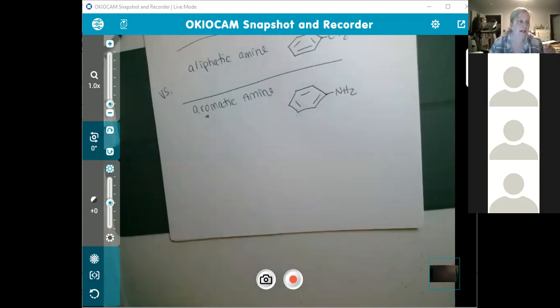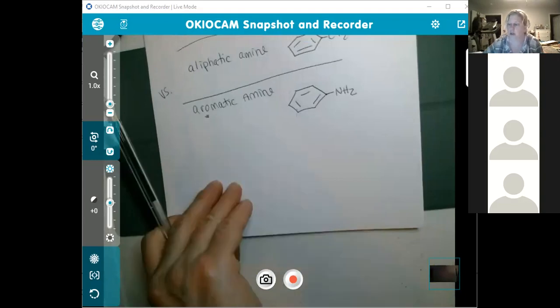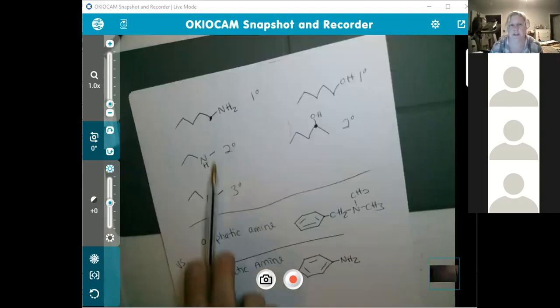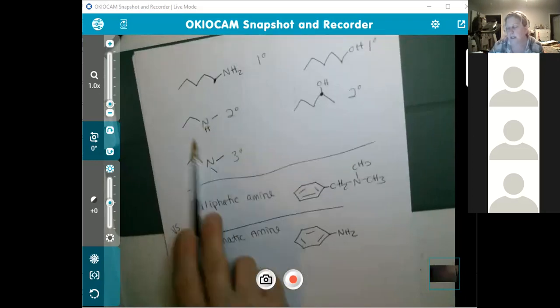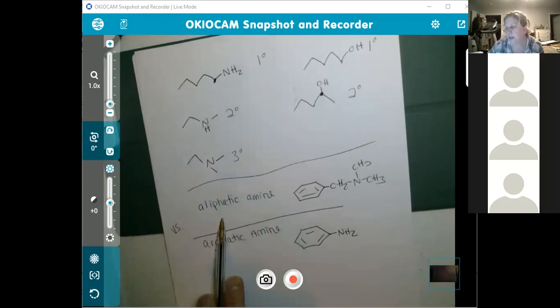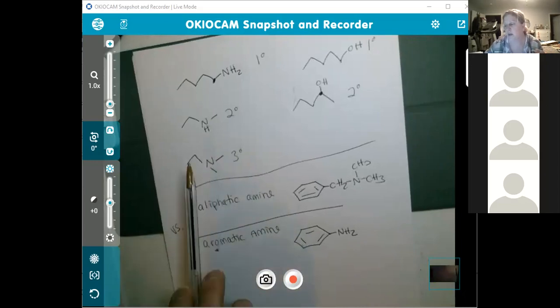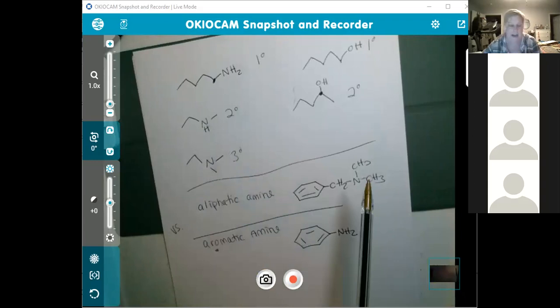Okay. So back to the exam: if you're being asked to classify, draw, and name the amines, you should be able to draw a primary, secondary, tertiary. You should be able to identify it based on how many carbons the nitrogen is attached to. In the OWL homework, I don't know if the exam does it, they actually combine these, where it'll say, is this secondary, and is it aliphatic or aromatic?